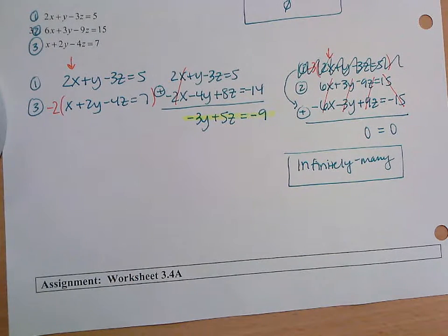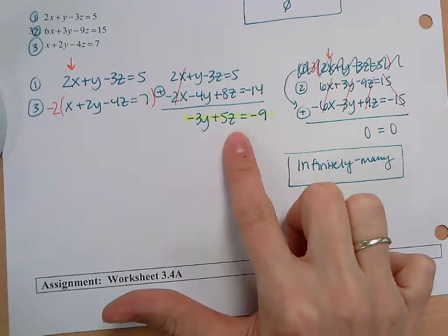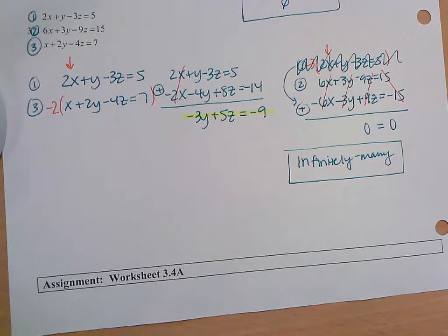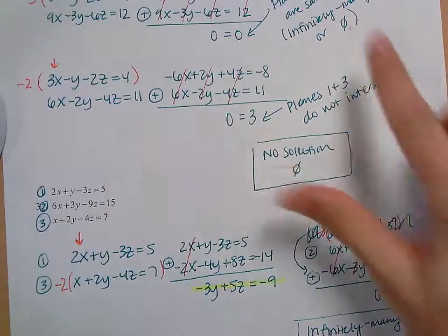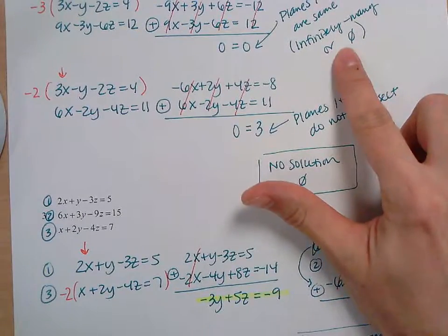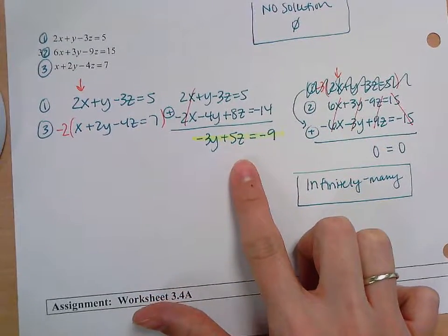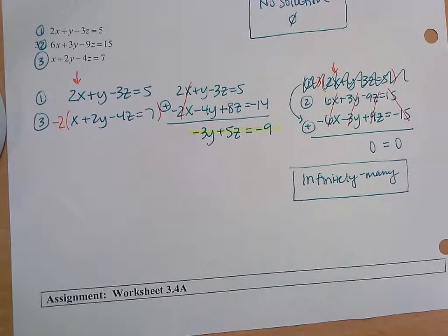It's intersecting both of them, but the intersection is a line, and there's infinitely many points on a line, so it is infinitely many solutions. So if 2 of your planes end up being the same, then like I said up here, it's either infinitely many or no solution. This intersection being a line means there's infinitely many solutions because it's every ordered pair on that line. Okay, questions there?